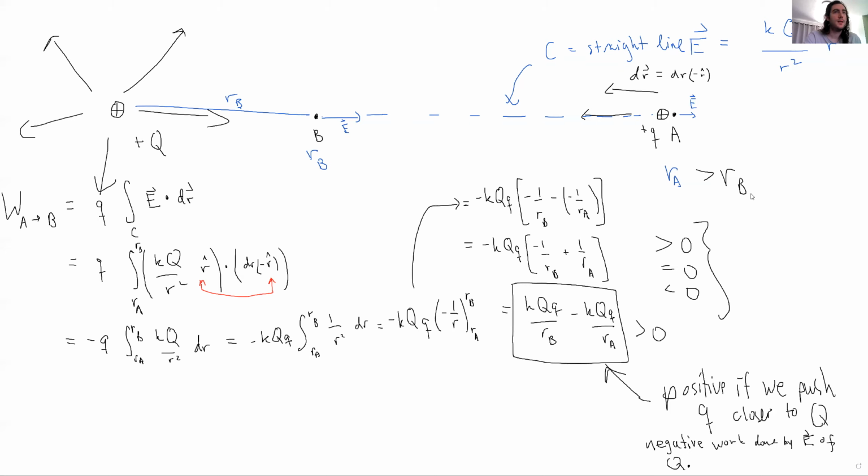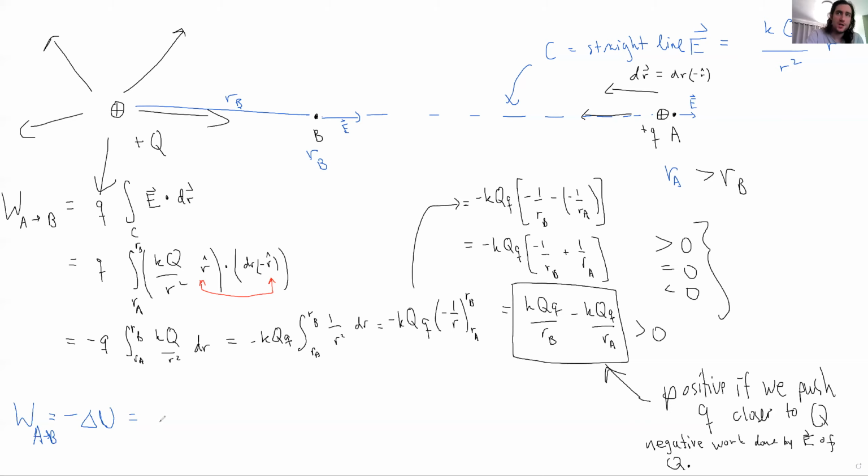Let me clean some space up. Actually, we don't necessarily have to clean some space up just yet. What I just said was we can take the limit on this thing. The work in going from A to B is equal to the negative of the change in potential energy.